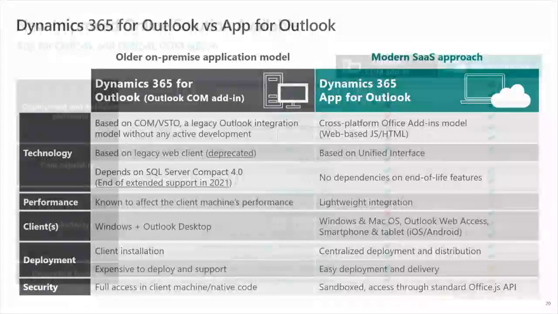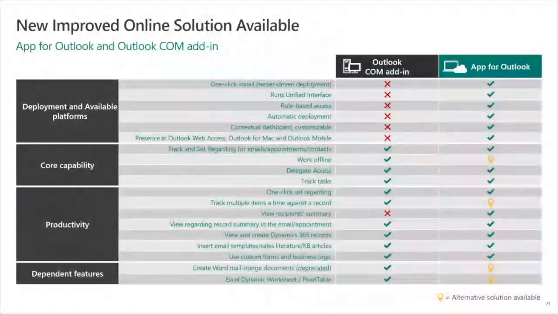Now, feature-wise, this is a comparison matrix between the app for Outlook and the Outlook COM add-in. In terms of deployment and available platforms, as we discussed, the app for Outlook offers really many improvements, such as one-click install with a server-driven deployment. It runs on unified interface.